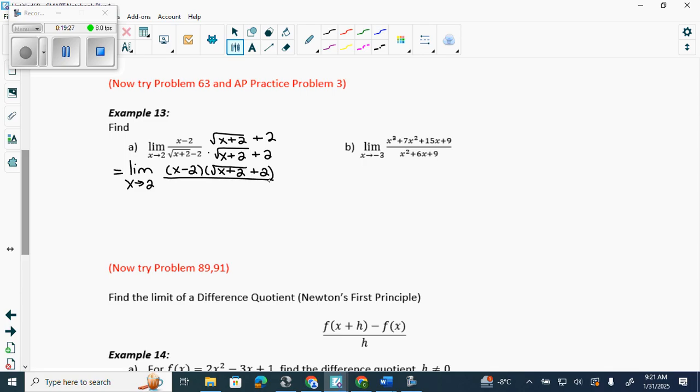The bottom we're going to get x plus 2. And then technically the middles will cancel off, and then minus 4. So we're going to get limit as x approaches 2, x minus 2, root x plus 2 over x minus 2. These cancel, and then I can plug in or substitute in 2 plus 2 plus 2, which is what?